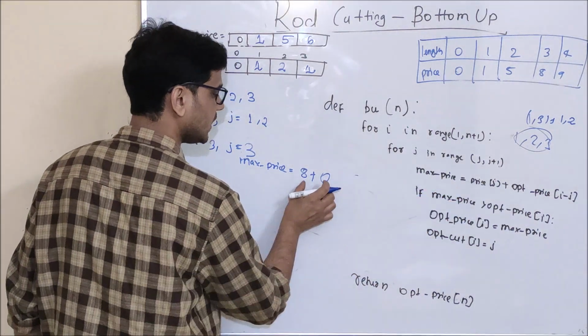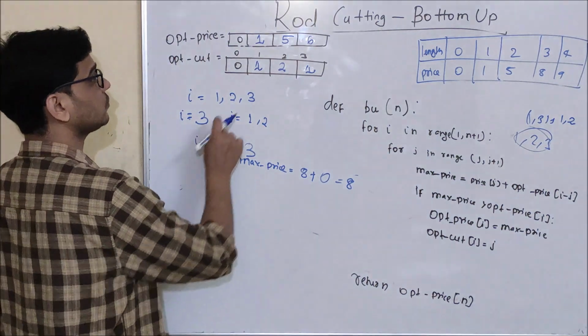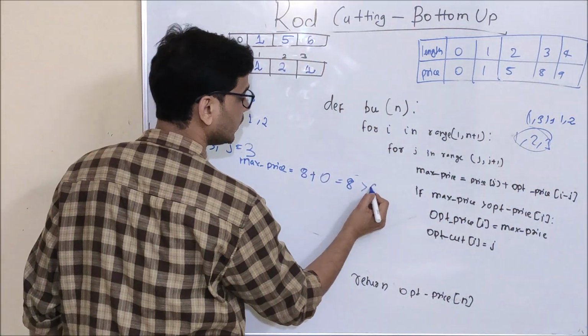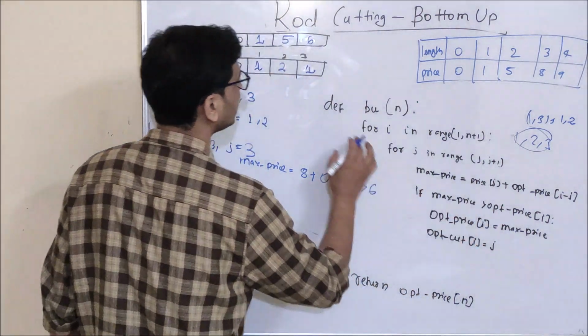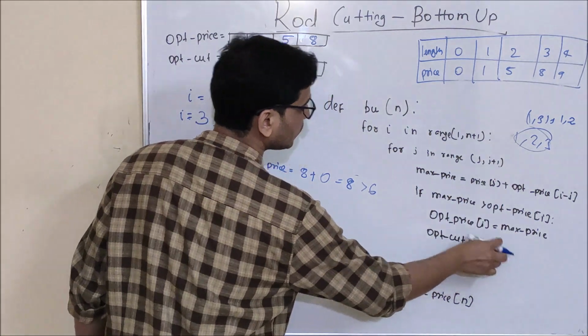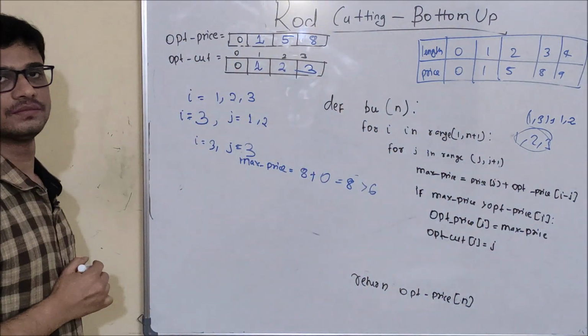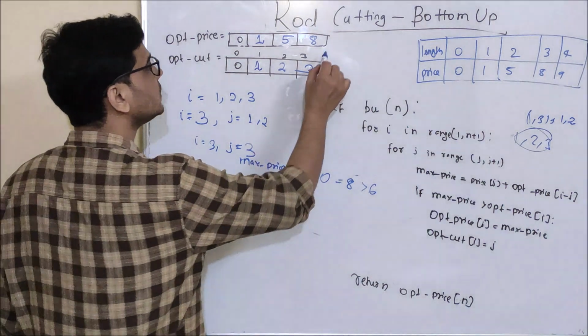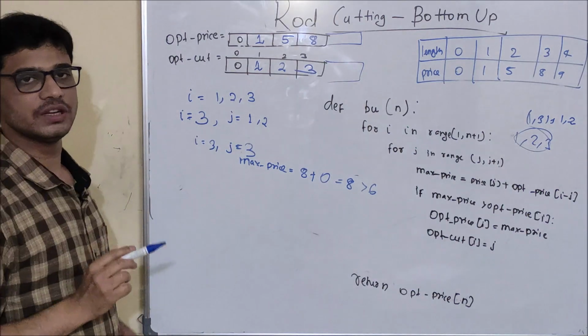Max price is 8, and my opt price of I, that is opt price of 3, is equal to 6. So 8 is greater than 6, correct? In opt price of I we will update 8, and in opt cut of I we will update j, and j is 3 here. So this is what is going to happen for a rod of length 3.